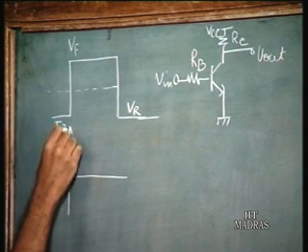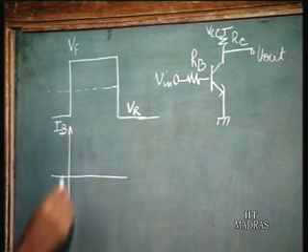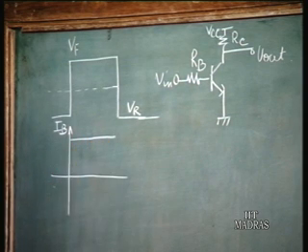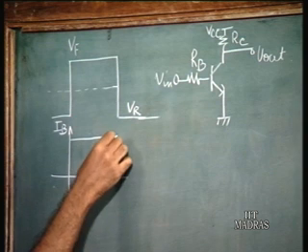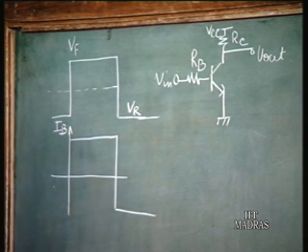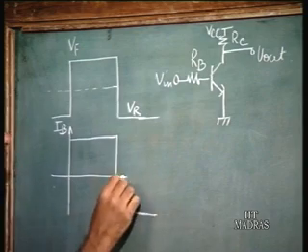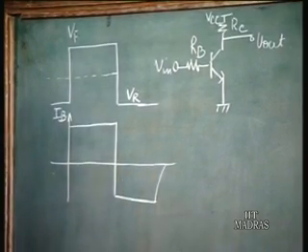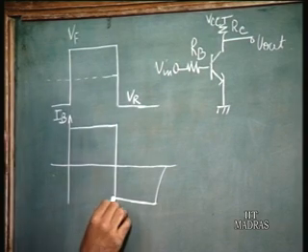IB. We have seen that the IB at this point you can assume it to be almost a constant, and again here it remains a constant, reverse base current flows, and then finally it goes to 0. This is the waveform which we have.